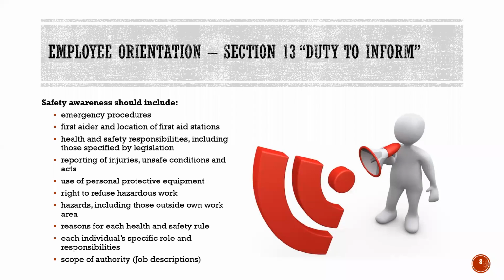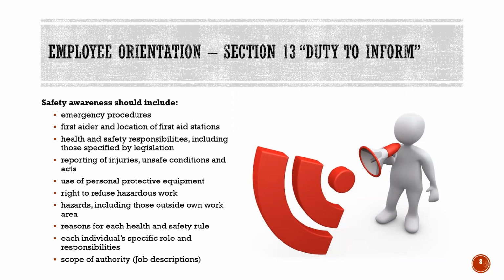We need to inform them on how to use PPE, inform them on the right to refuse hazardous work, inform them on the hazards based on the risk assessment, inform them on the reasons for each health and safety rule that you find on site.